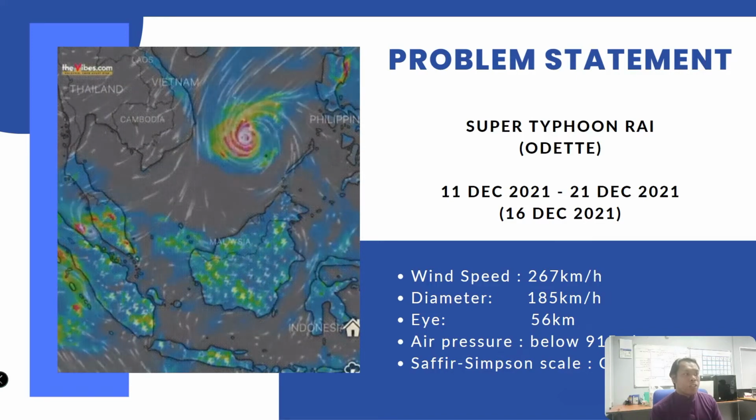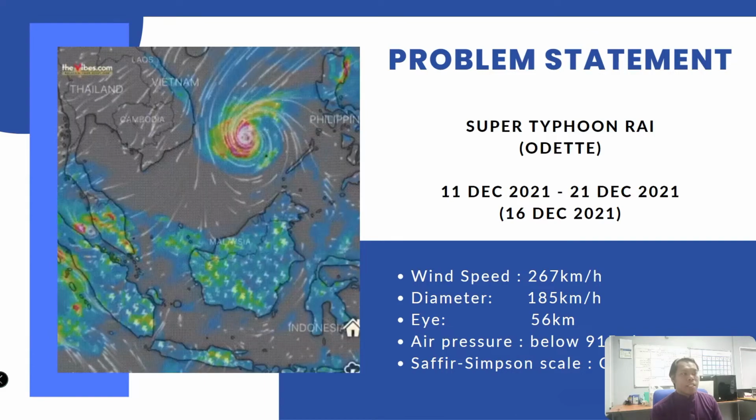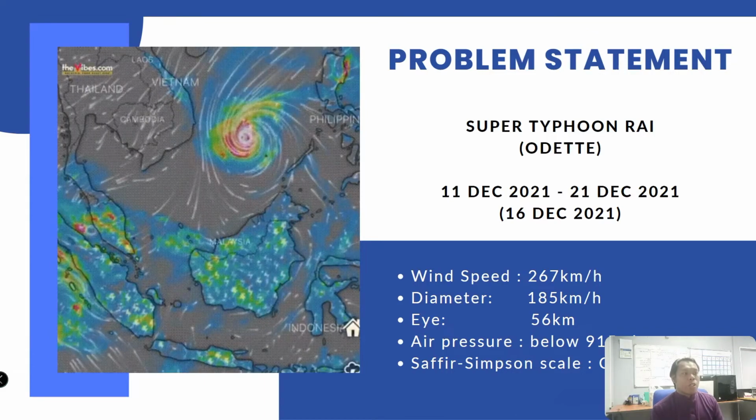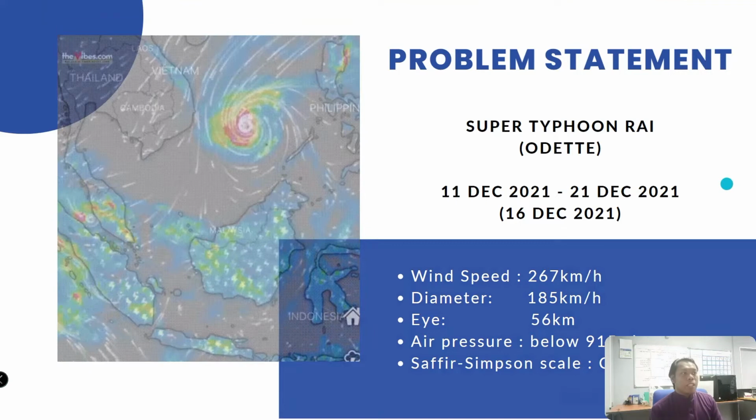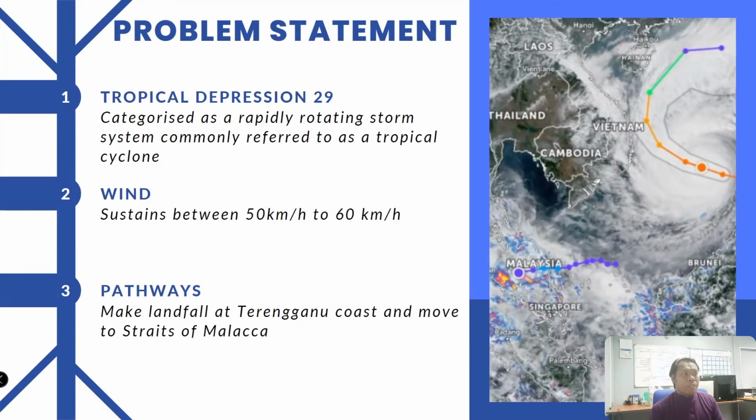Its peak was on the 16th December 2021. The effect of the typhoon resulted in Tropical Depression 29 with sustained wind speed of 50 to 60 km per hour. It made landfall at Terengganu on 17th December and moved toward the Strait of Malacca.